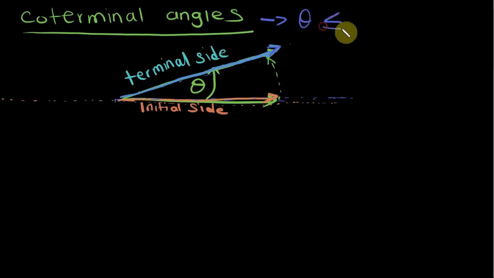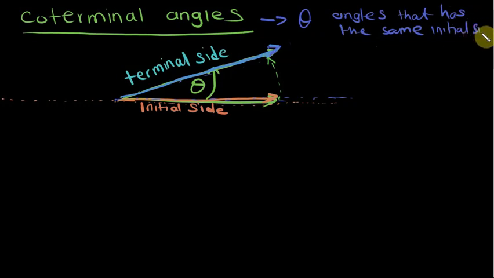So the angle that shares the same initial side and terminal side with theta is a coterminal angle of theta.